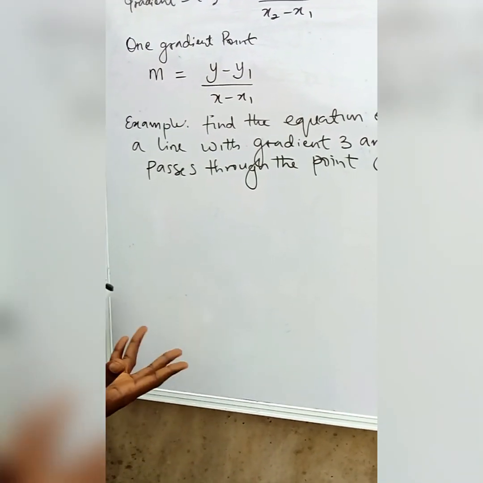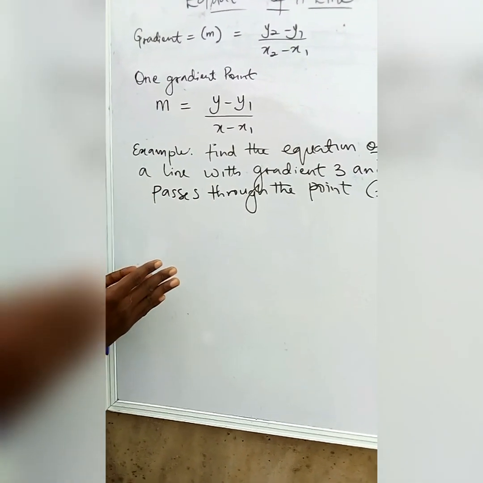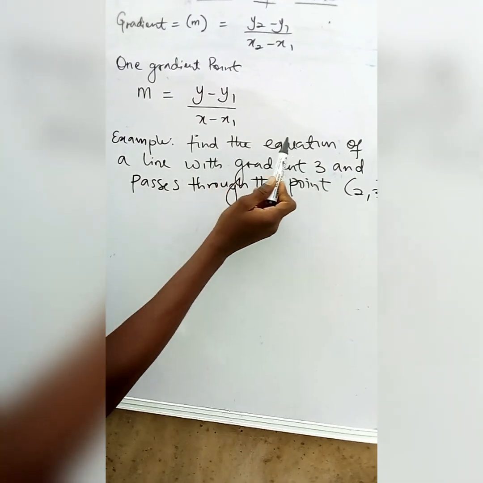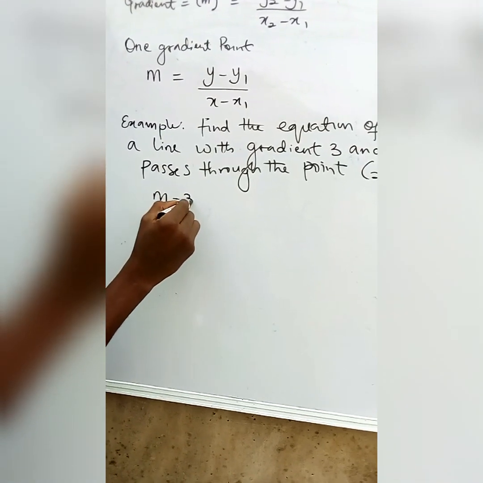How do you do that? It's very straightforward. The first thing you ask yourself is, do I know the gradient in this question? If yes, we can use our formula. From the question, it said find the equation of a line with gradient 3. That means our gradient, our m, is equals to 3.